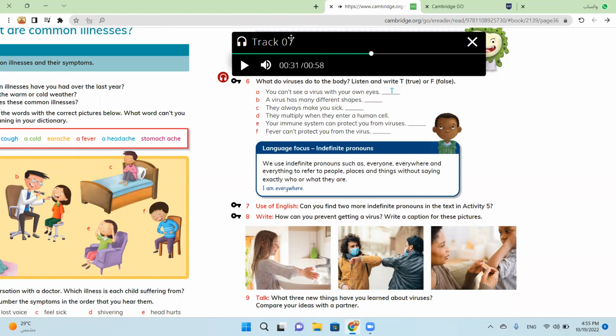I come in all shapes and sizes. My mission is to make you sick. I enter your body through your nose, mouth, or broken skin, and then I attack your human cells by multiplying inside them. I don't always make you sick, though, because your immune system sends antibodies to attack us to protect you. If you get a high fever, that can kill us too.